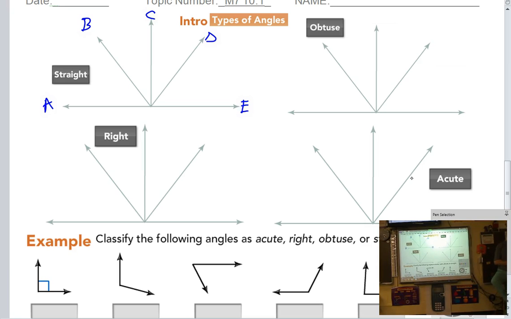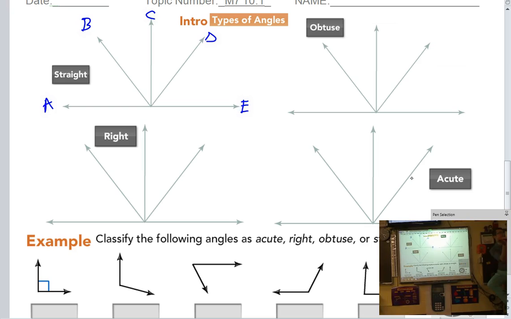Atticus, when we talked about straight angles, you remember how big we said straight angles are? It's okay if you don't. You don't need to know that yet. Close. So, 0 would be where we start.